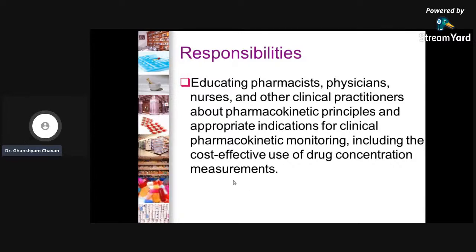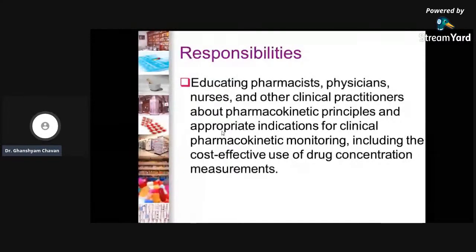He should give the appropriate indication for clinical pharmacokinetic monitoring, and any suggestion, advice or important points he wants to tell while doing the pharmacokinetic monitoring. He should also put that information to these people, including cost-effective use of drug concentration measurement, and also including the drugs which are cost effective, which have less price than normal.